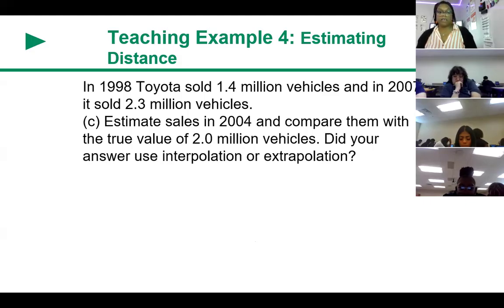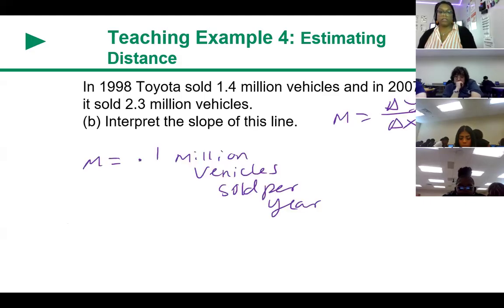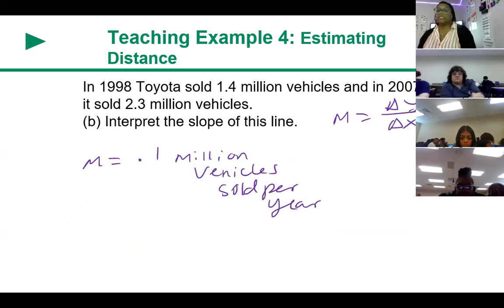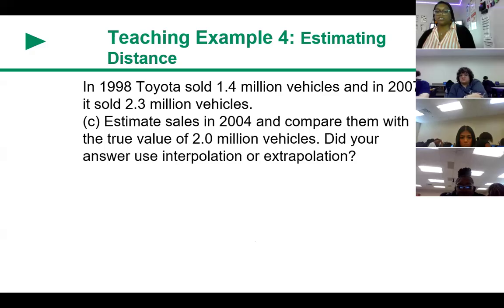The model that we had from my first part is y minus 1.4 equals 0.1 times x minus 1998. Because we're plugging this into the calculator, there's no reason to simplify. Does that make sense? Unless your heart just tells you to, then that's fine. So we're going to let our x equal 2004, because remember, your x's are your years.